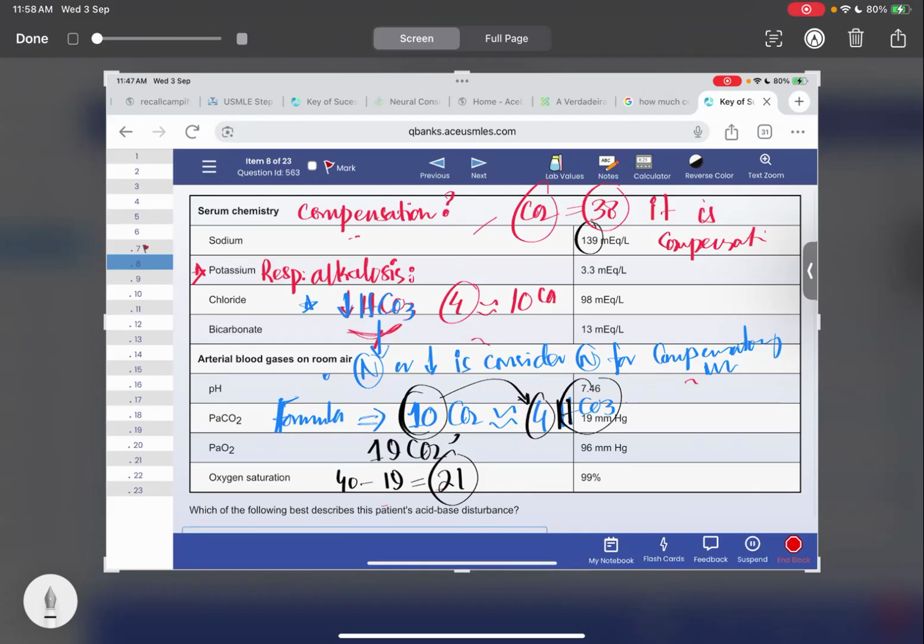So if the bicarbonate difference is 8, we will say it is normal compensation. Why? Because for 10 we have 8? No, this 4 is constant. If the difference is 30, so 12 will be normal. If the difference is 10, 4 will be normal.